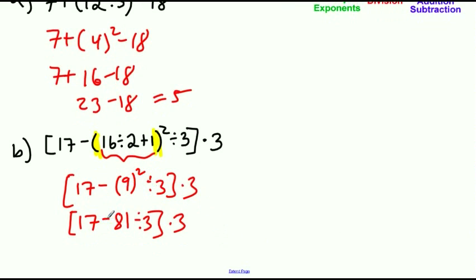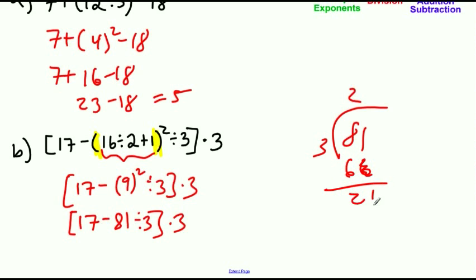So the question is, do we subtract or divide by 3 or multiply by 3? Well, the answer is you divide, because we have to first do what's inside of the brackets, and of these two operations, we need to do division first. Okay, so 81 divided by 3 is 27.